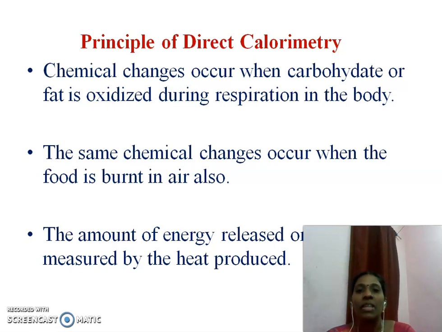The same chemical changes occur when the food is burnt in the air also. That is, when the food is burnt in the bomb calorimeter, with the help of the oxygen supplied into the bomb calorimeter, the same changes will take place. The amount of energy released or expended is measured by the heat produced.